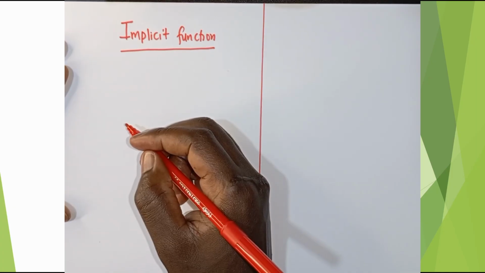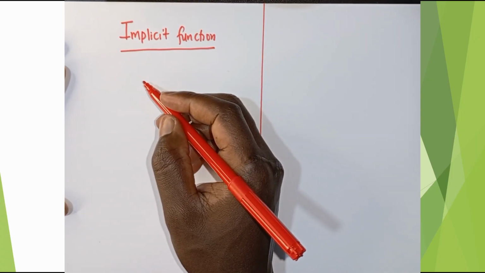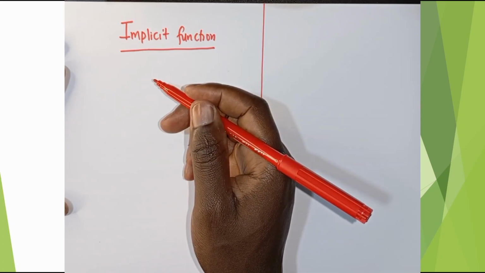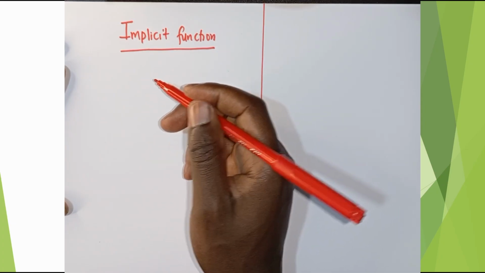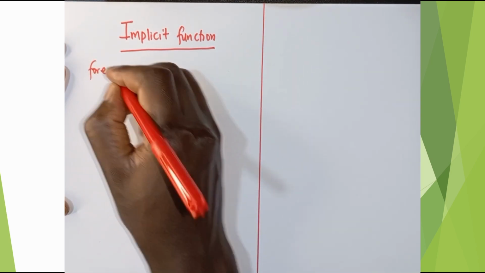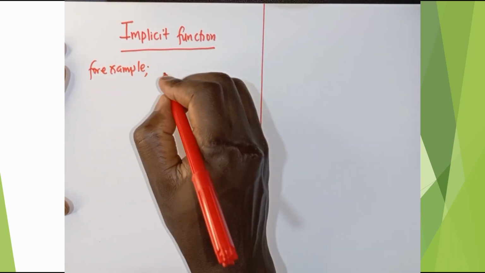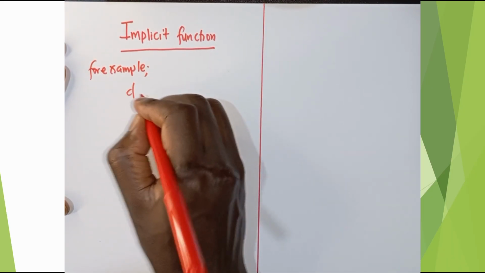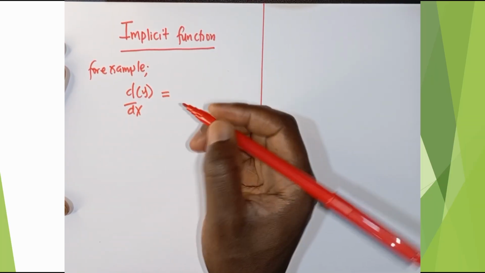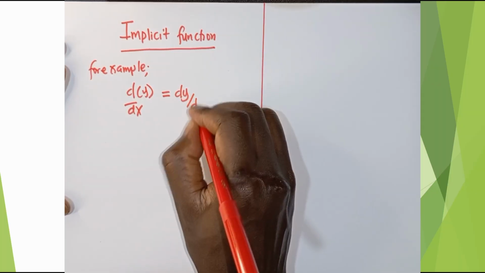Now, to differentiate an implicit function, we normally use chain rule. For example, the derivative of y with respect to x is dy by dx.